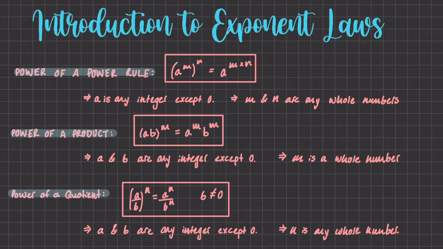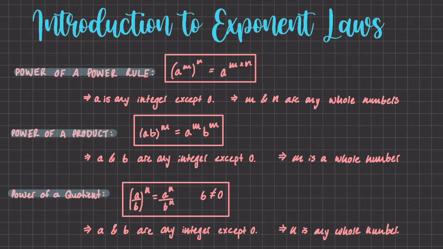I like to think of it as dispersing the exponent. It's not an actual act of multiplication, but that's just how I like to think of giving this to the different parts of the base. Hopefully that makes sense. And then you can write that as one section of the base raised to that same exponent multiplied by the other section of the base raised to that same exponent.